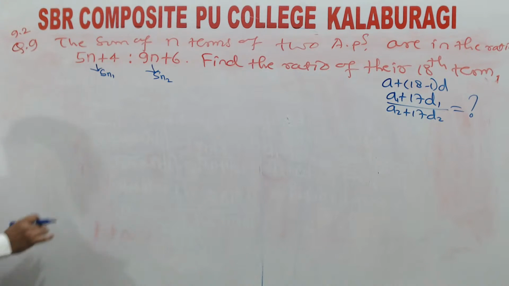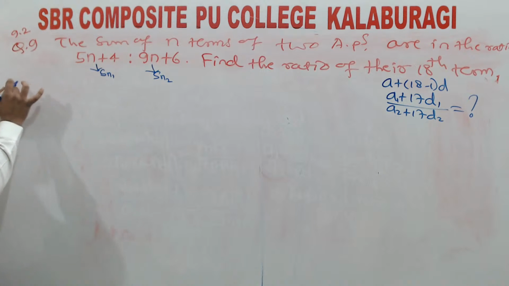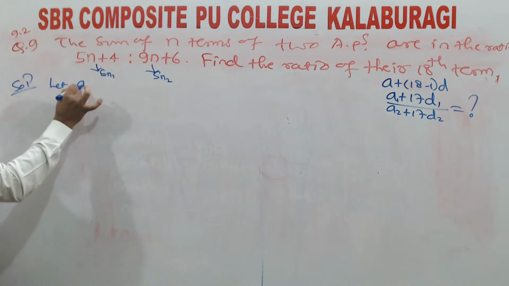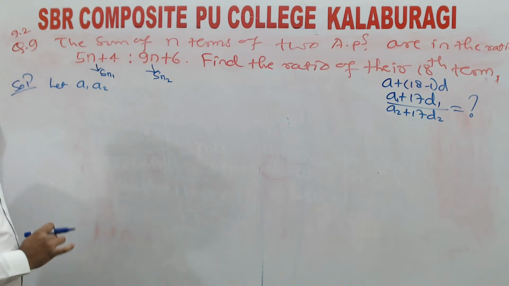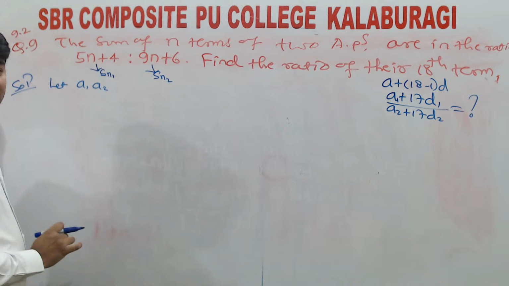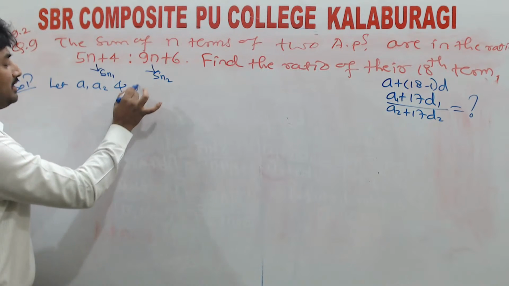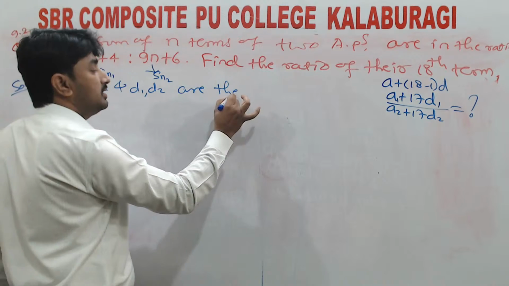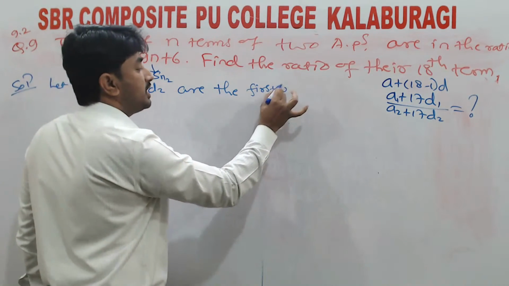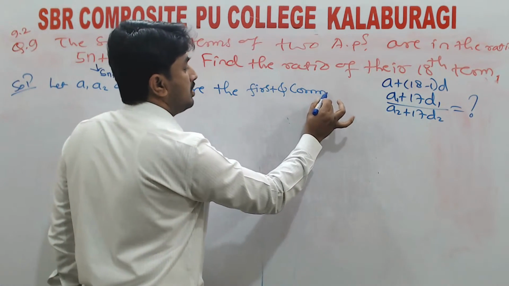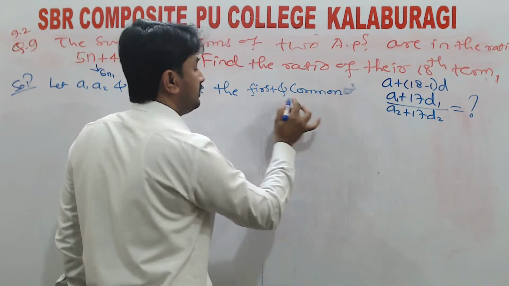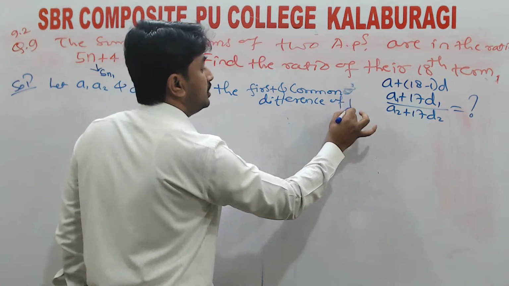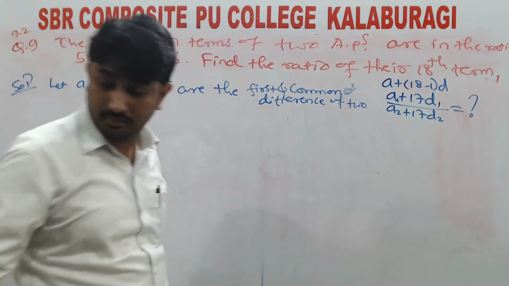Okay, so the given condition I am writing the same as it is. Solution: here also I am considering a1, a2 as the first terms of two arithmetic progressions, and d1, d2 as the common differences of the two APs.